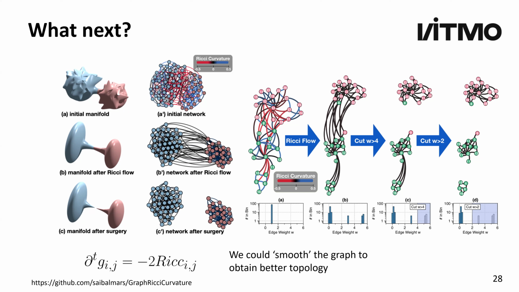And the discrete Ricci curvature could be used, for example, for community detection when you have some separate groups of people or whatsoever. So you just remove bridges and you get the communities.